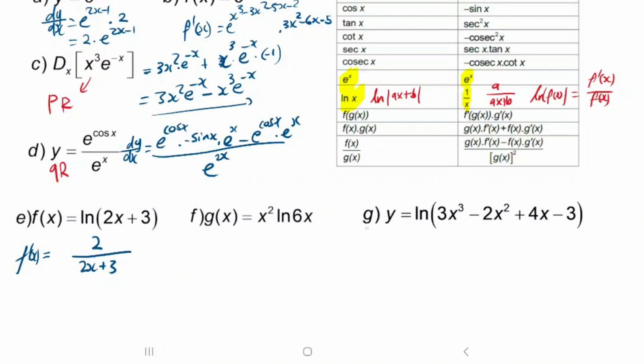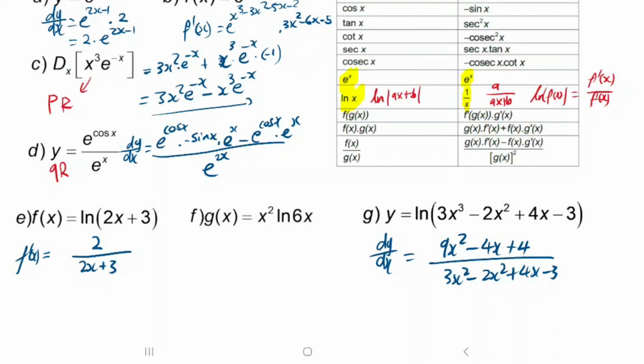So what I'll do, I'll just jump right to g, and then I'll come back to f over here. The derivative of this, dy dx, as you've guessed, we'll firstly rewrite the function as it is in the denominator, plus 4x. And then at the top, we'll write the derivative of this function. So the derivative ends up being 9x squared minus 4x plus 4. And that's the derivative for that.